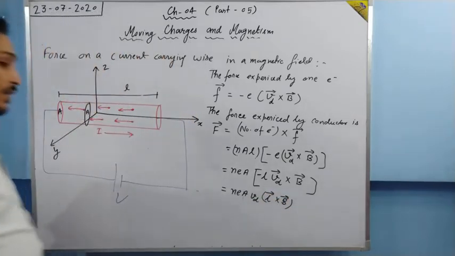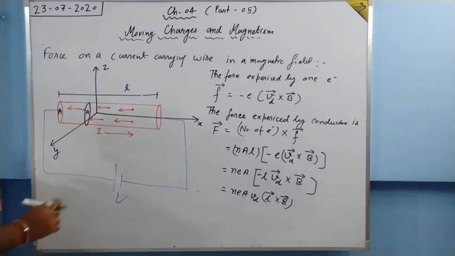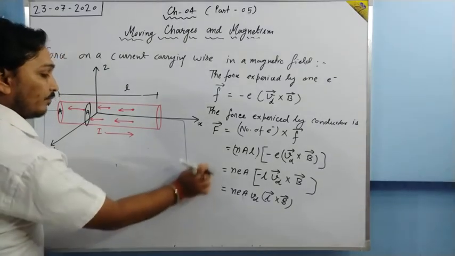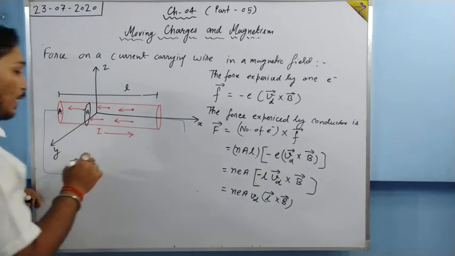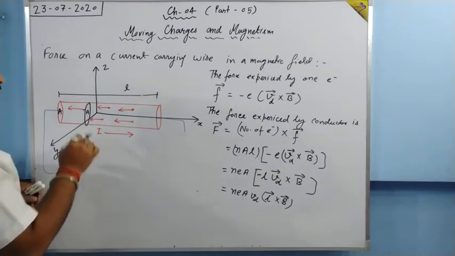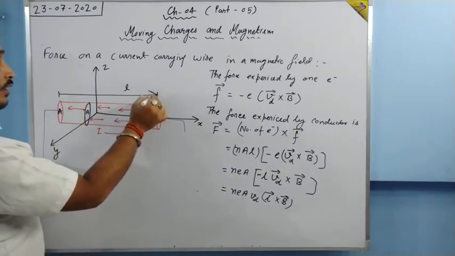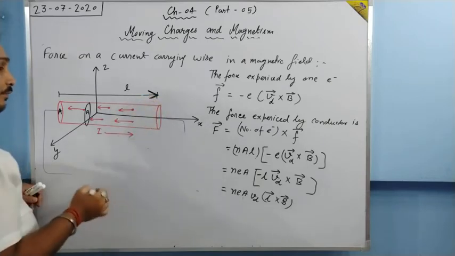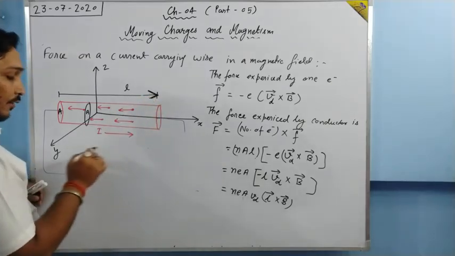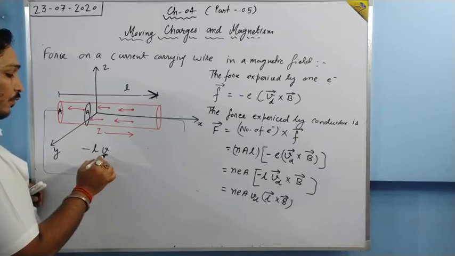How have I done this? Just try to understand. If we take the direction of L in the direction of current, then earlier it was minus L into Vd vector.